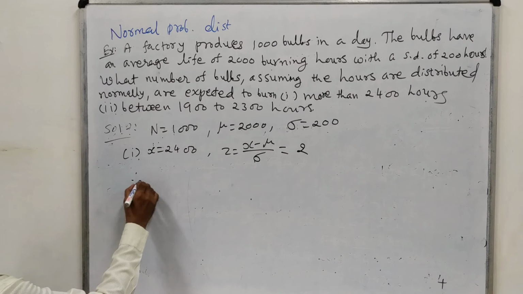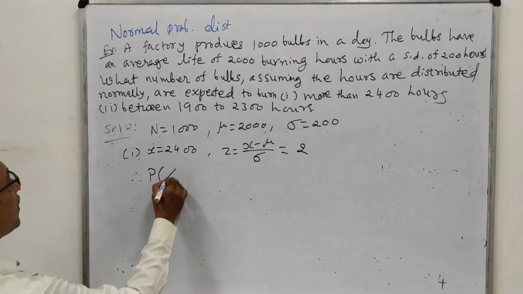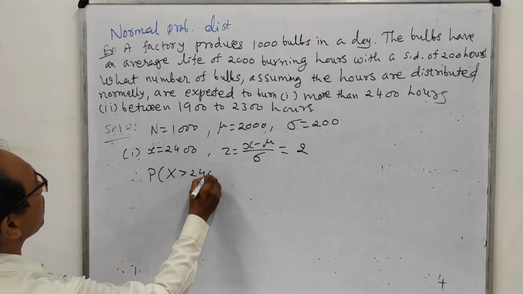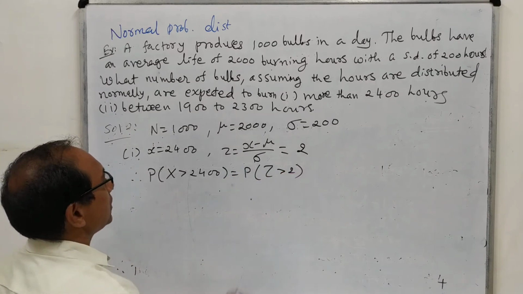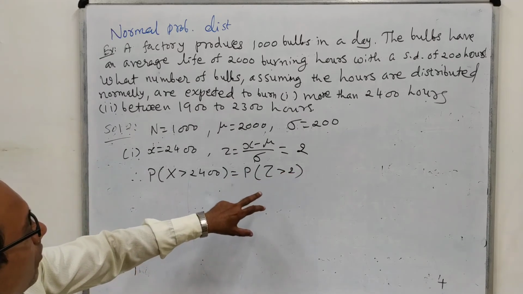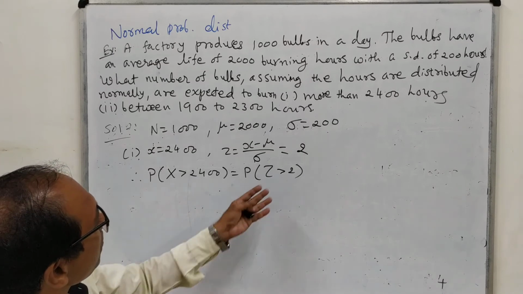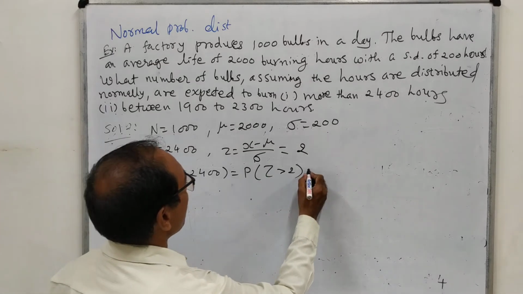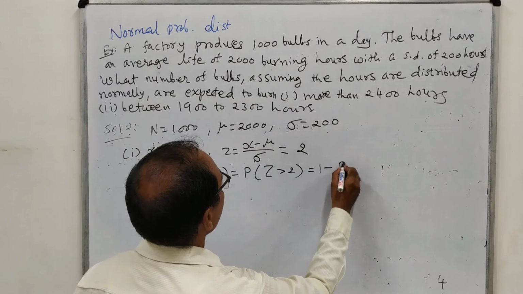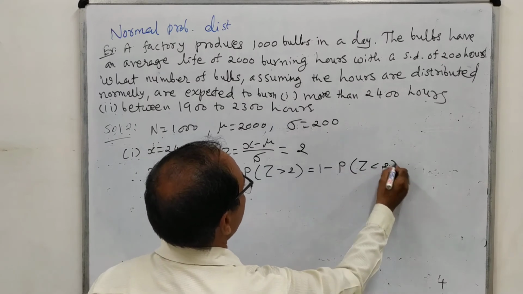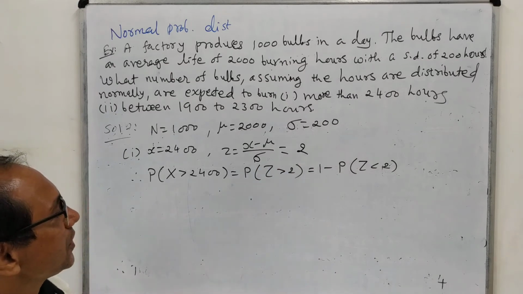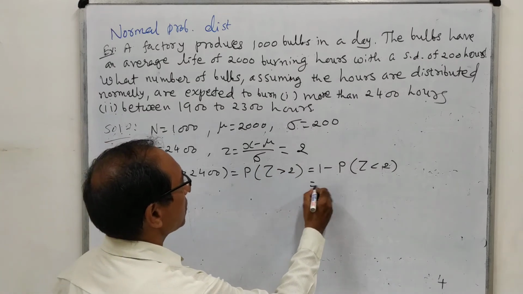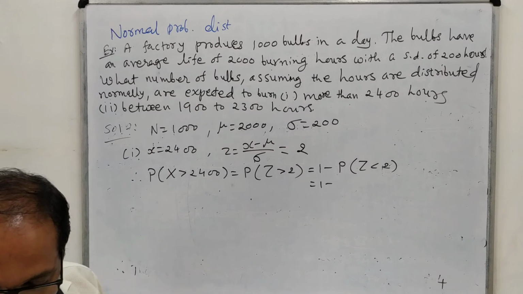So now we find the probability. Therefore the probability for capital X greater than 2400 is nothing but the probability of z greater than 2. Now we want to use the table to find this probability, but we know the probability table is given for the less-than type. So we can convert this into 1 minus the probability of z less than 2.